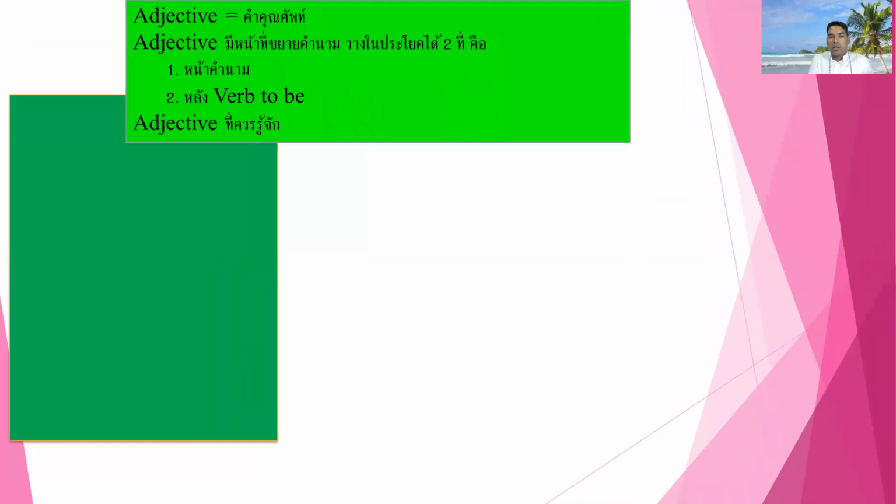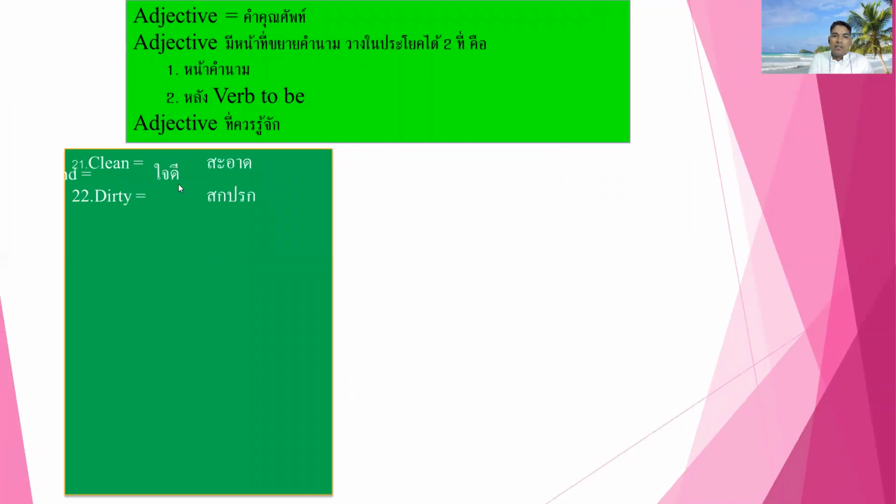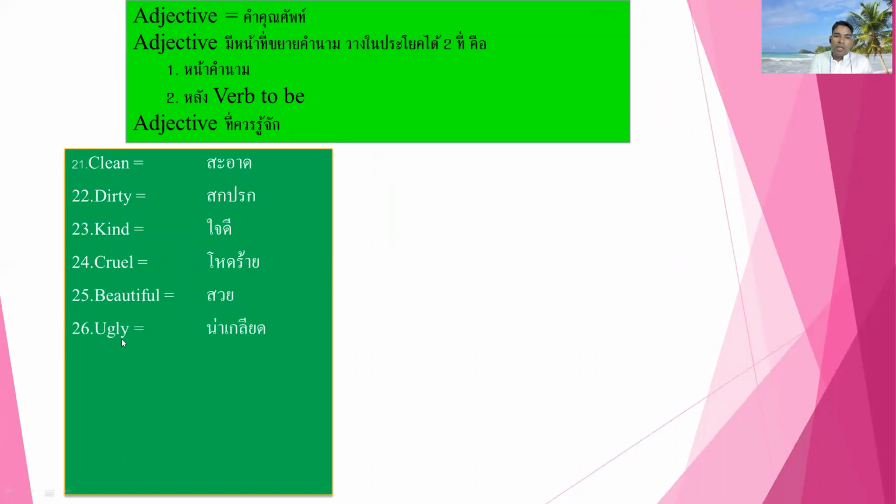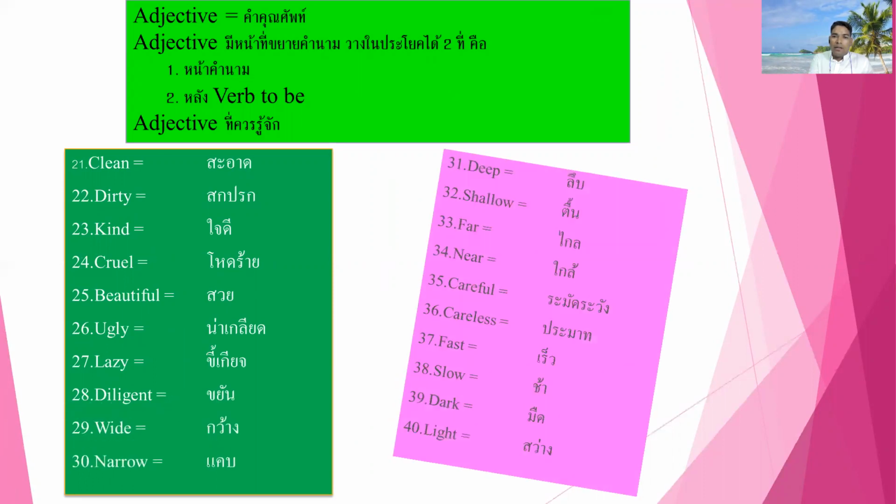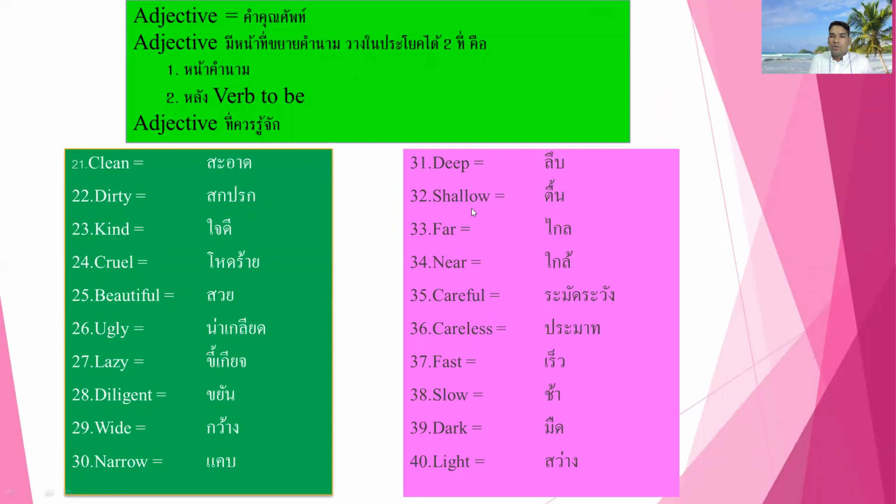In the next slide you can see: clean, dirty, kind, cruel, beautiful, ugly, lazy, diligent. Next: wide, narrow, and deep, slow, far, near, careful, careless. Number 37, fast. Number 38, slow. Number 39, dark. And number 40 is light.